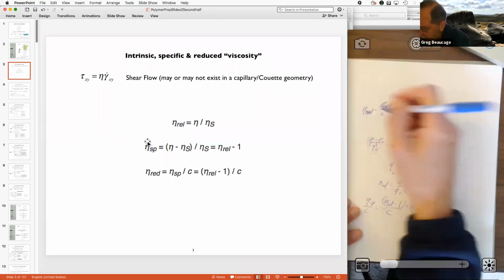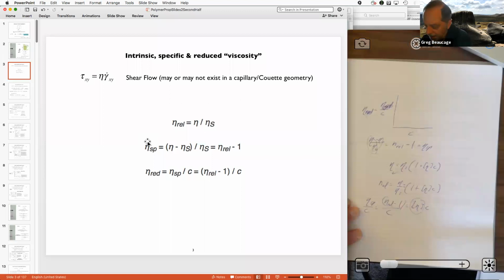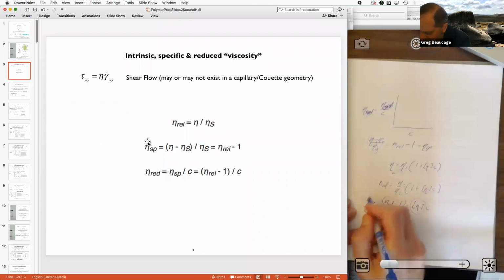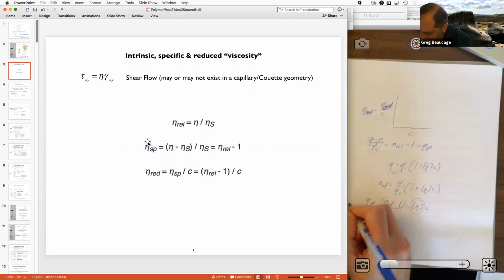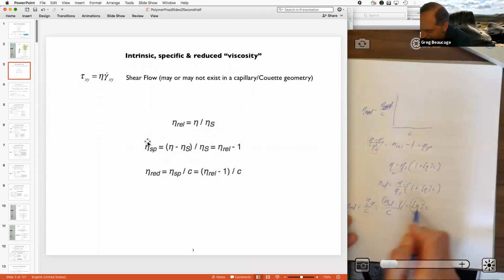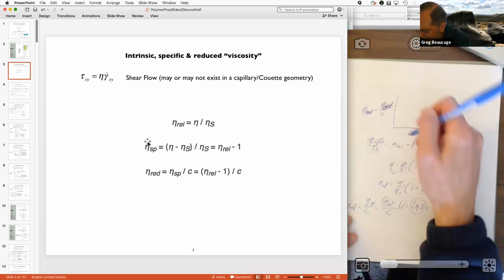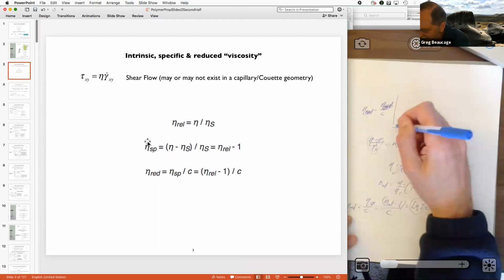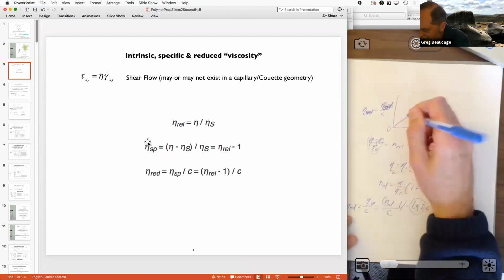So if you plot this, that's not the specific. That's specific by C, which is the reduced. Right, so we have relative, specific, reduced. And they all are tied into this intrinsic. So you plot reduced versus concentration, and it should go to 0. And then it should have a slope. The slope should be this intrinsic viscosity.